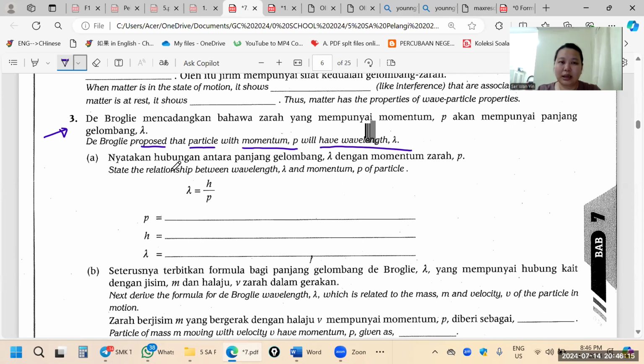So here comes the formula: lambda equals h over p.